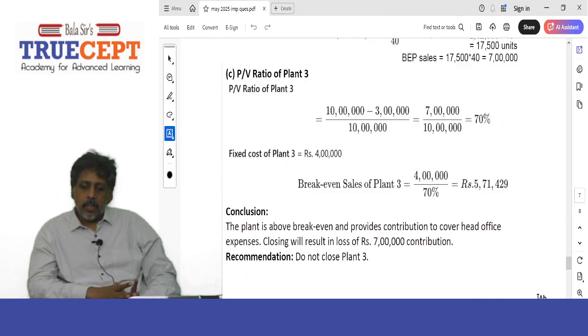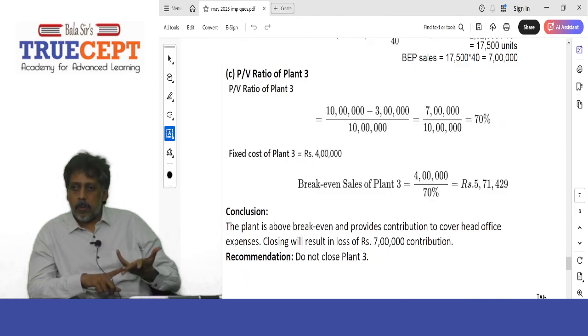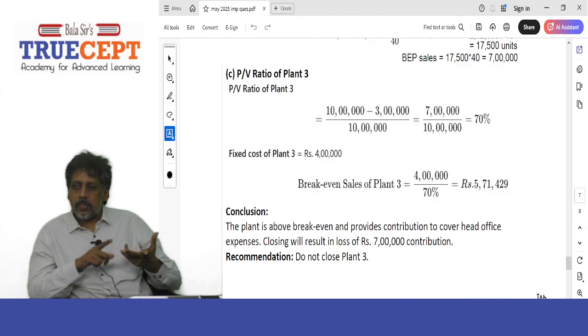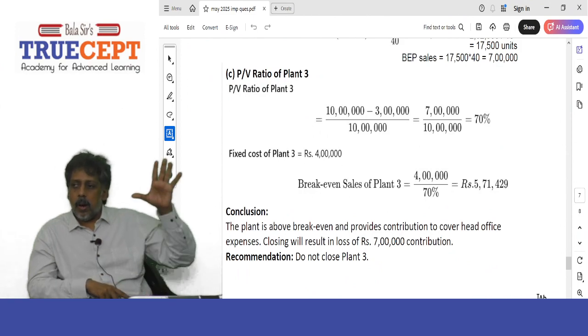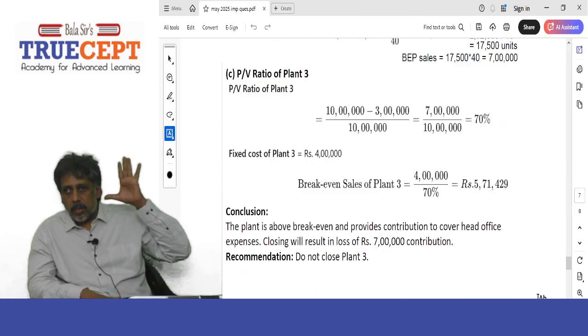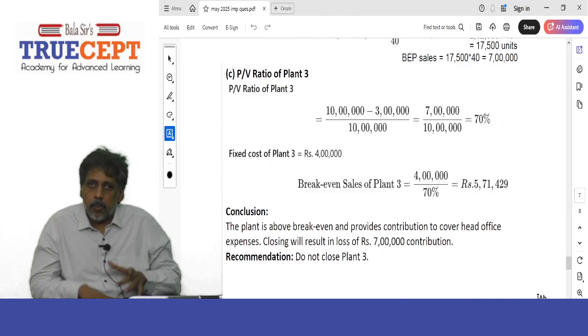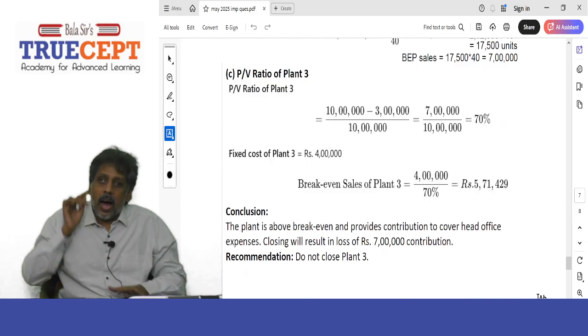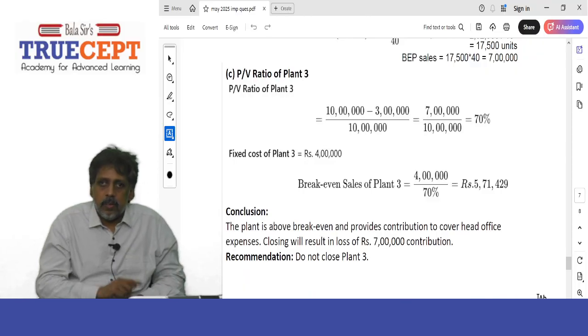Then divide the fixed cost, only 4 lakh will be taken, by 0.7, the 70% PV ratio. You get your break-even sales as rupees 5 lakh 71,429. That is the break-even sales to meet the plant fixed cost without considering allocated head office expense.